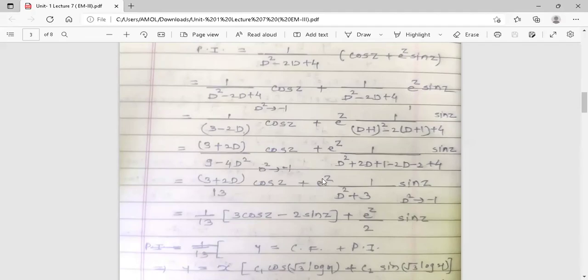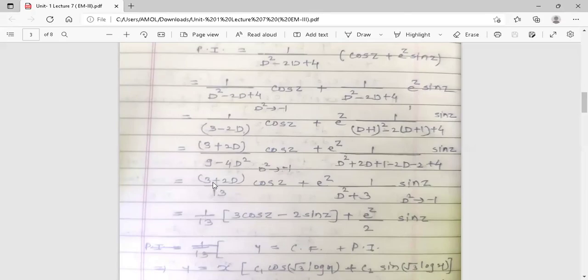is as it is. Now simplify the denominator term: D square plus 2D, and the plus 2D and minus 2D get cancelled. 4 plus 1 is 5, 5 minus 2 is 3, so it is 1 upon D square plus 3 into sin z. Now the next step: 1 upon 13 is a constant, so you take it as it is.